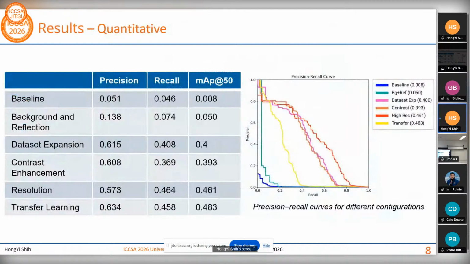For the results, the quantitative results showed clear differences across the 6 ablation settings. The baseline model performed very poorly, and after we applied background removal and reflection adjustment, it improved slightly. The largest improvement occurred after we expanded the dataset. It indicates that more in-domain training data is very critical for improving the model stability.